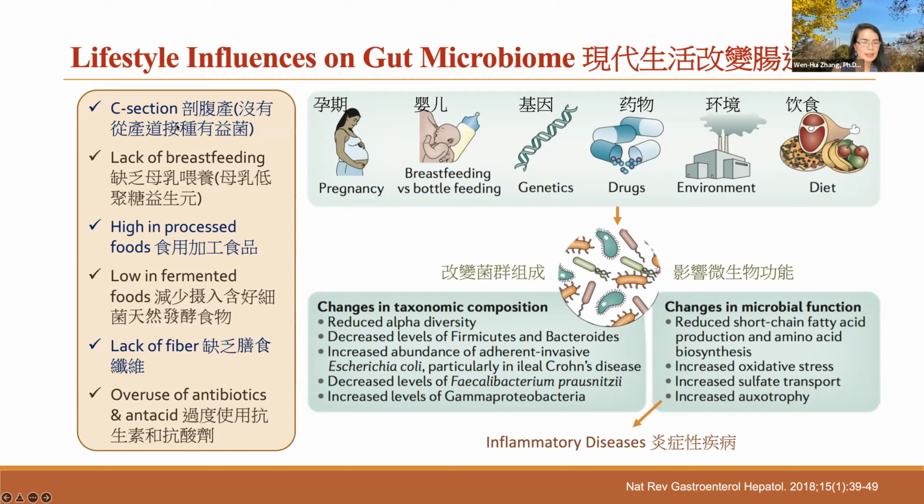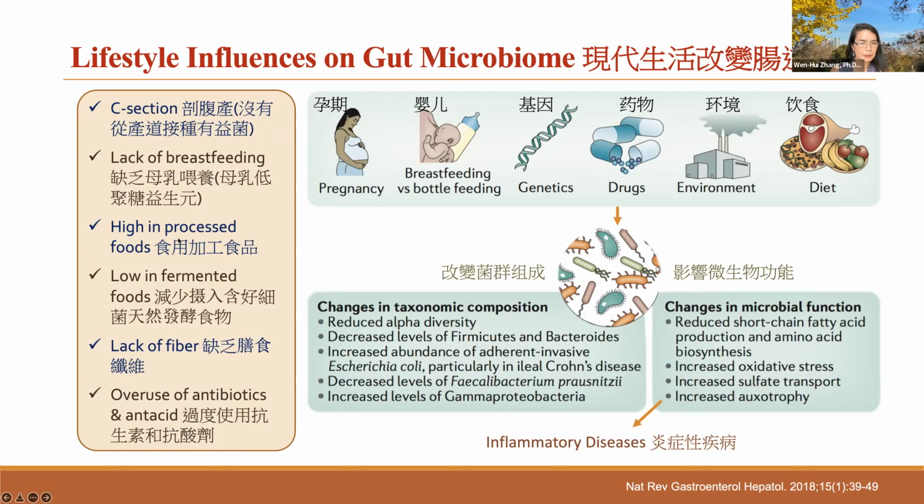Like C-section, newborns are born without the healthy inoculation of healthy bacteria from the mom. So C-section is a risk factor. Lack of breastfeeding. We now know breast milk contains lots of beneficial ingredients for beneficial bacteria.